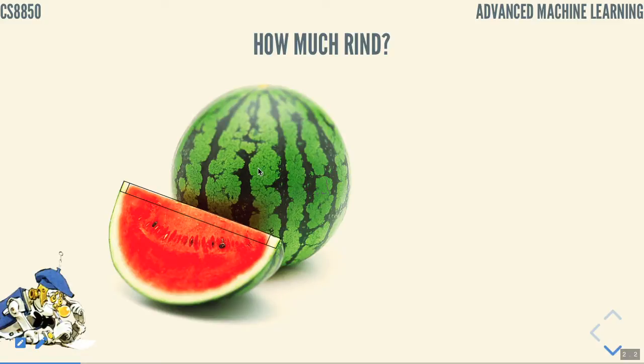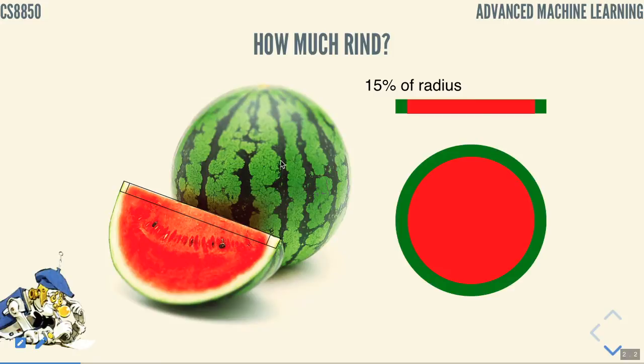Let's first look at this beautiful one-dimensional watermelon slice. And this slice right now is here. So what if the rind is just 15% of the radius? So this is our center of the watermelon and 15% of the radius rind.